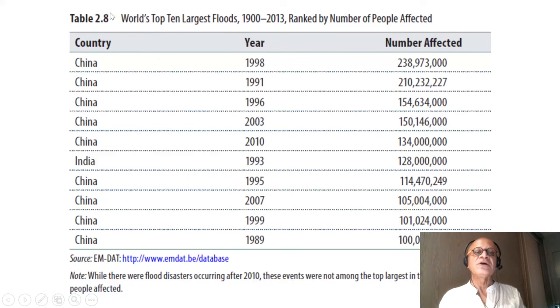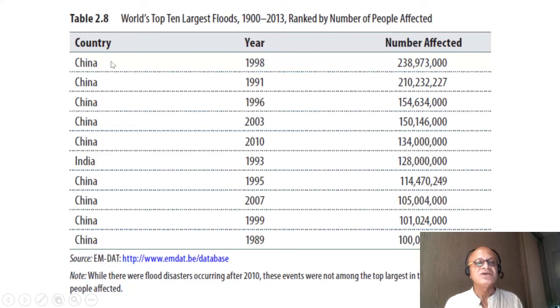Now, if we rank the top 10 largest floods by the number of people affected, the last year we get here is 2010. The years after that, where there have been floods, at least at the time this report was written, do not come into the list, but I'm sure this list will be updated one of these days.